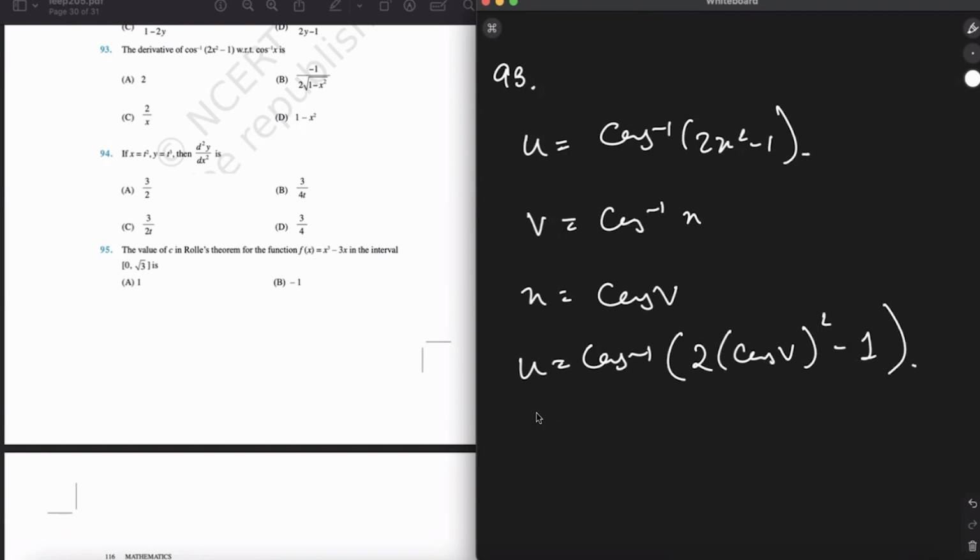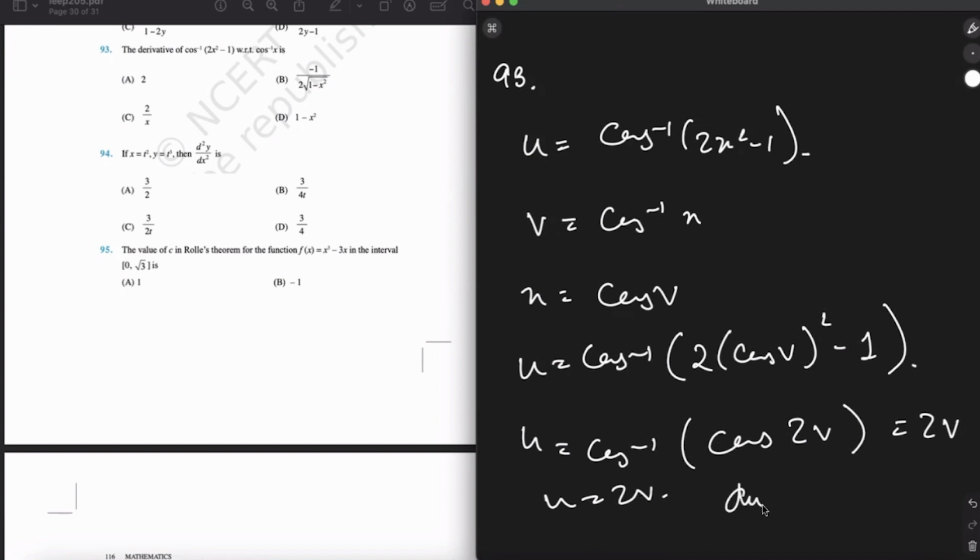You'll see. Now I can write it as u equals cos inverse of 2 times cos square v minus 1. This is nothing but cos 2v. Alright, so I'll be left with 2v. So u equals 2v. And we have to find what? du by dv. So just differentiating, I'll be left with a 2. Alright, so this is your answer.